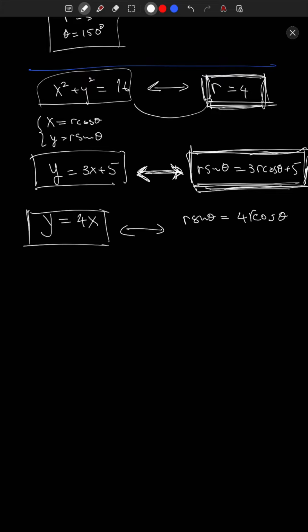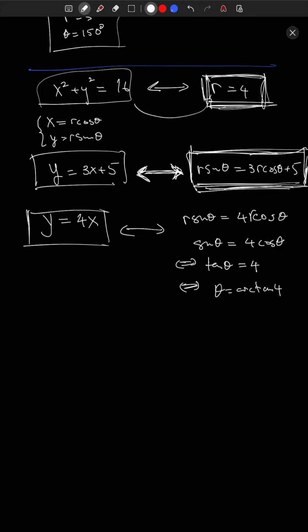The r's cancel, and so we get sine theta is equal to 4 cos theta. And so this becomes tangent theta is equal to 4. And so here theta is equal to arctangent of 4. Right? So that's a nice expression.